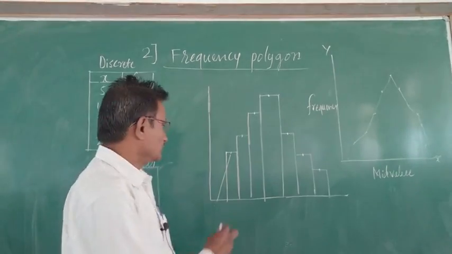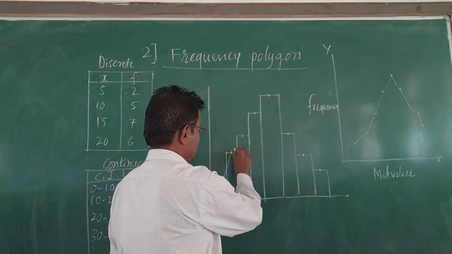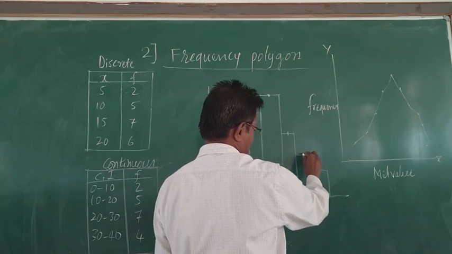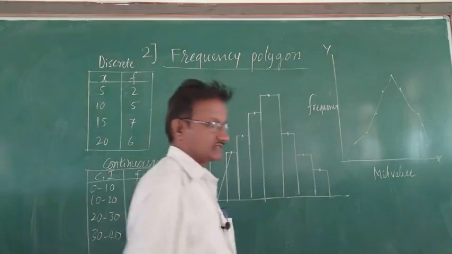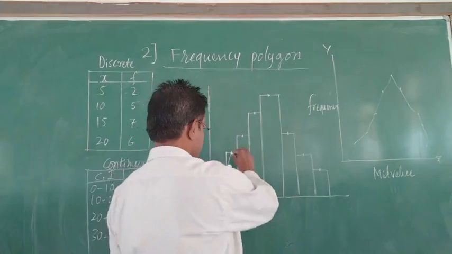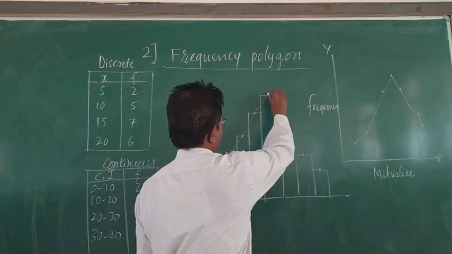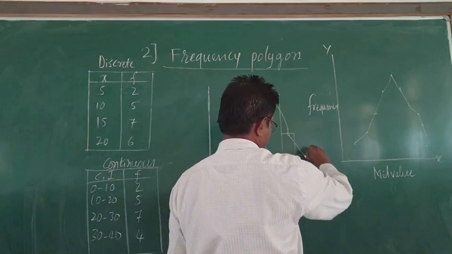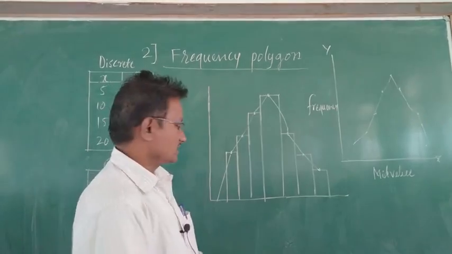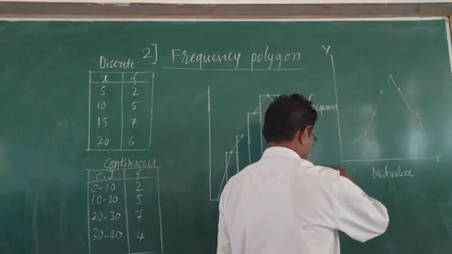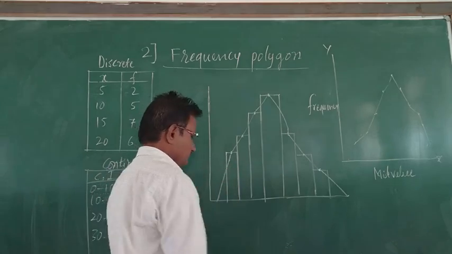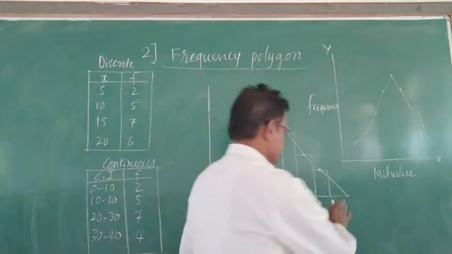So we have to mark the midpoint at the top of the rectangles, and all midpoints are joined by a straight line, and this line is extended to zero frequency at the next midpoint of a class interval.